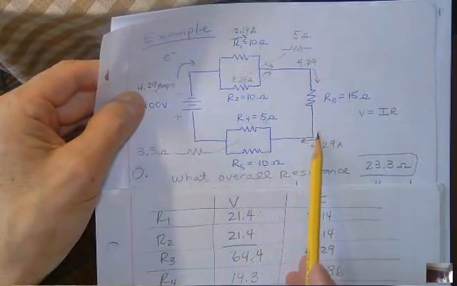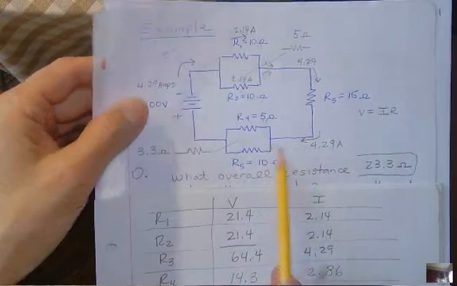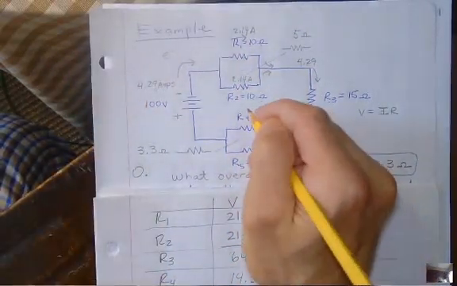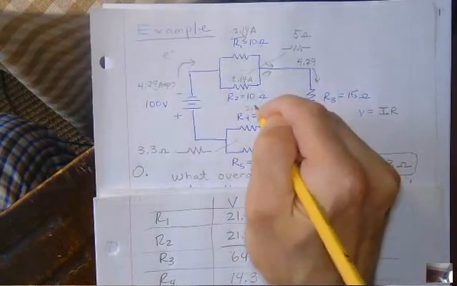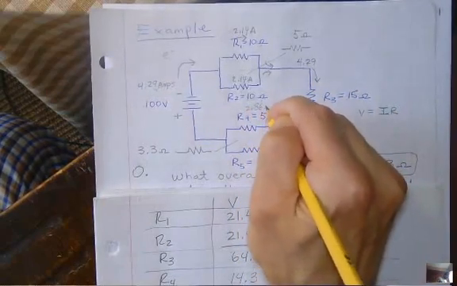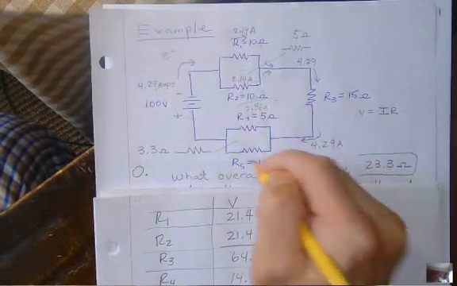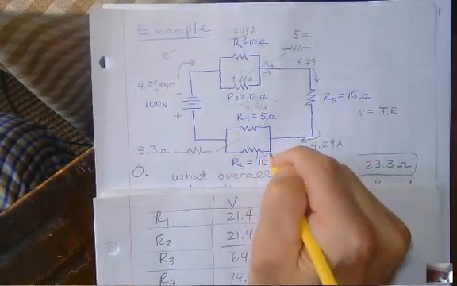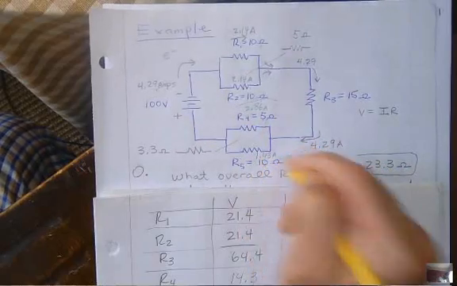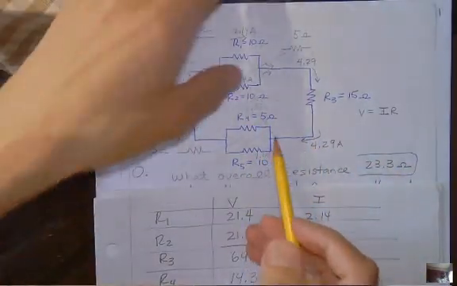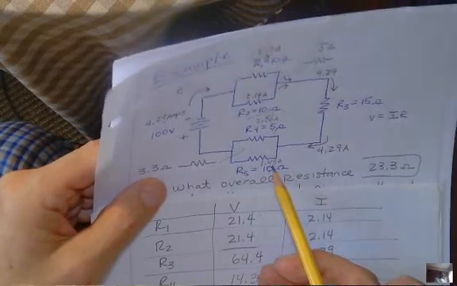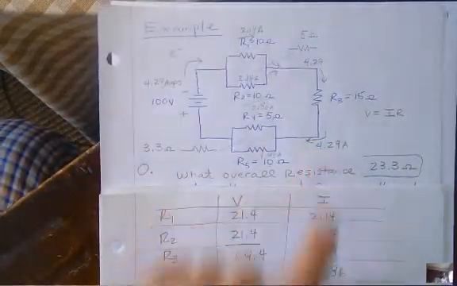Everybody goes through here. All the current goes through here. Comes down to here. How much current goes this way? 2.86 amps go the easy way, and 1.43 go the hard way. The 2.86 plus 1.43 better add up to 4.29.